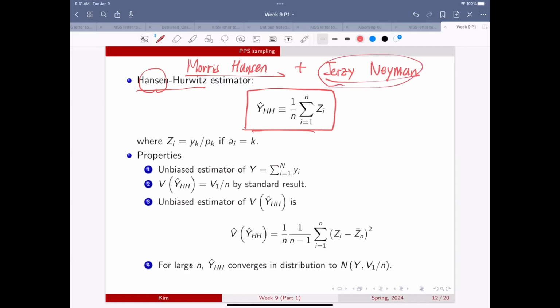He developed the randomization approach. And then Maurice Hansen was a statistician at the Census Bureau at that time. He was very impressed by this paper, and then he wanted to implement it at the Census Bureau. So he's kind of a founder.